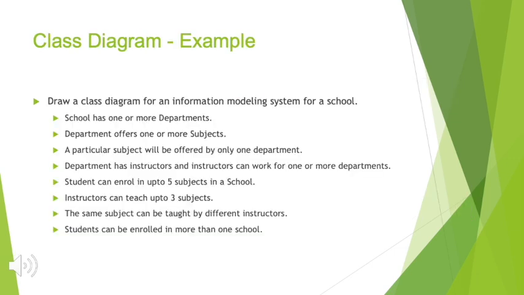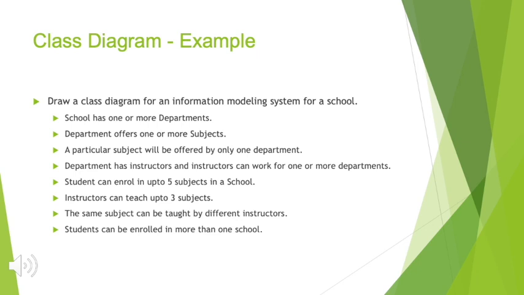Now we are going to look at an example. In this example question, we have to draw a class diagram for an information modeling system for a school. The school has one or more departments. A department offers one or more subjects. A particular subject will be offered by only one department, and departments have instructors, and instructors can work for one or more departments.